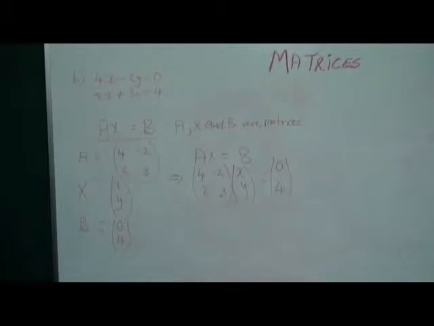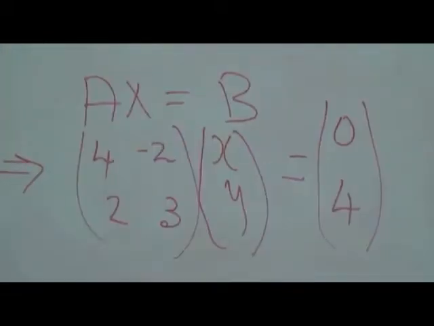And guess what? That is all the question is asking. Write it in the form AX is equal to B, where A, X, and B are matrices. So that is our first matrix question.